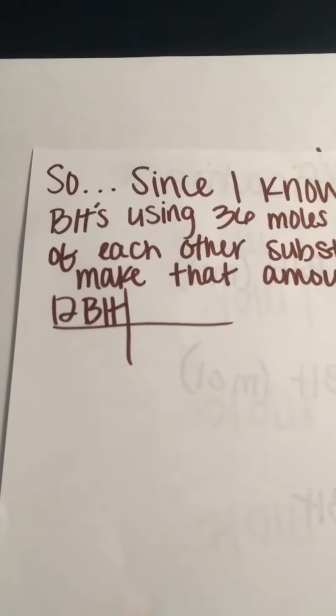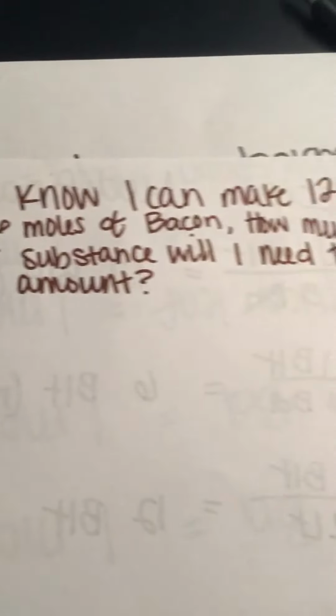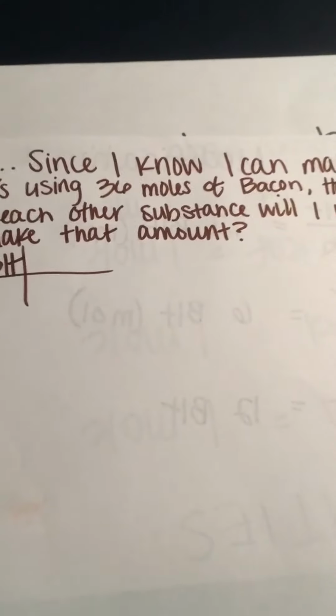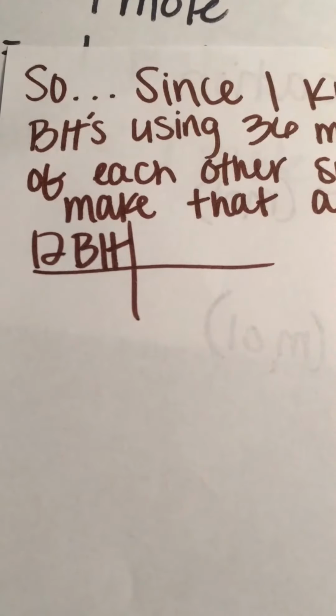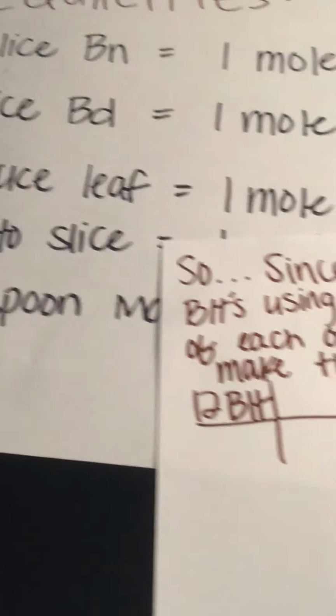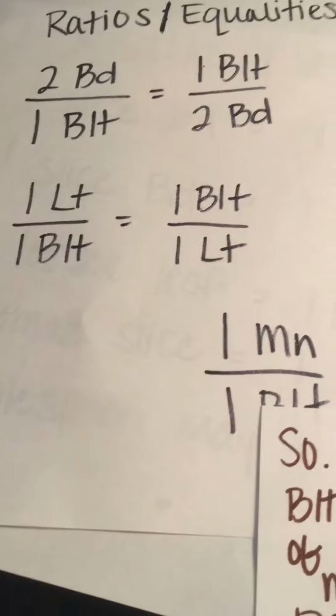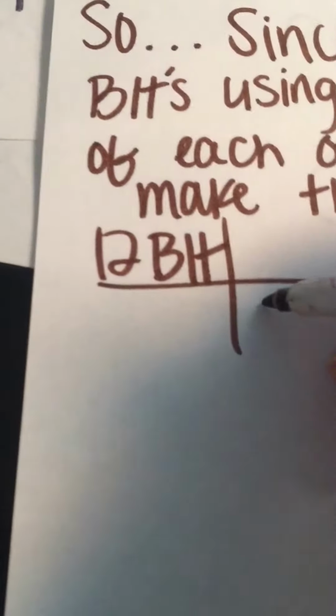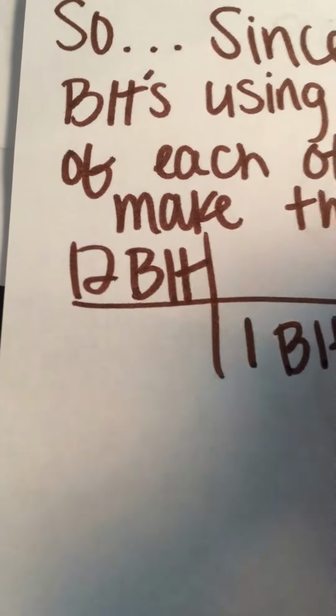Just a fun trivia question. Since I know I can make 12 BLTs using 36 moles of bacon, how much of each other substance will I need to make that amount? We start with 12 BLTs, and using our equalities, we know 2 slices of bread equals 1 BLT. So in our known, we put 1 BLT on the bottom, and what we want to convert to, we put on the top.